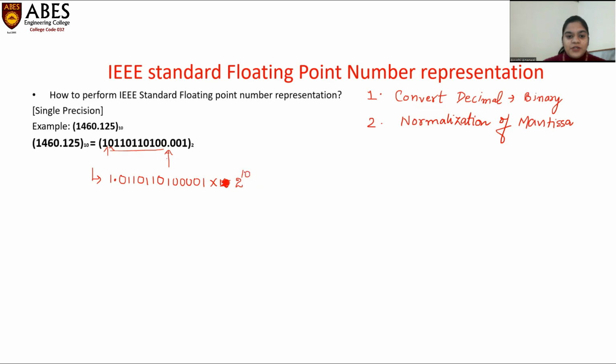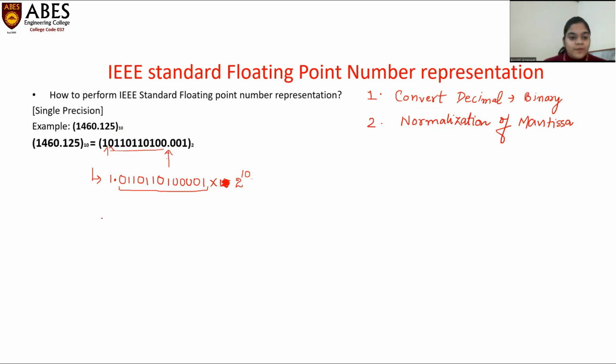So we will have the exponent value as 10. This is our normalized mantissa step in case of converting any binary number in the form of IEEE standard of 32 bits. Over here, we have our mantissa value as this, exponent value as 10, and base value as 2. This is the correct format for IEEE standard.